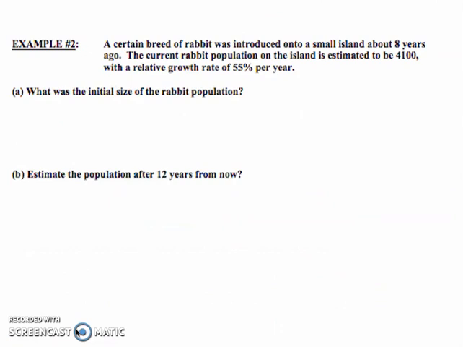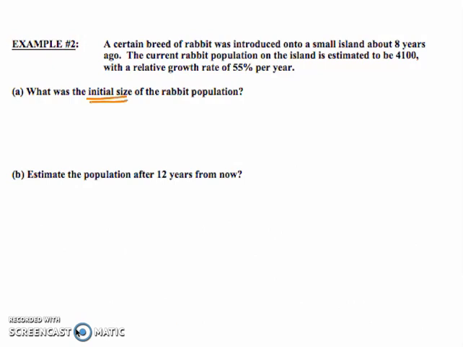Our second example says a certain breed of rabbit was introduced onto a small island about 8 years ago. The current rabbit population on the island is estimated to be 4,100, with a relative growth rate of 55% per year. So the question is, what was the initial size of the rabbit population?